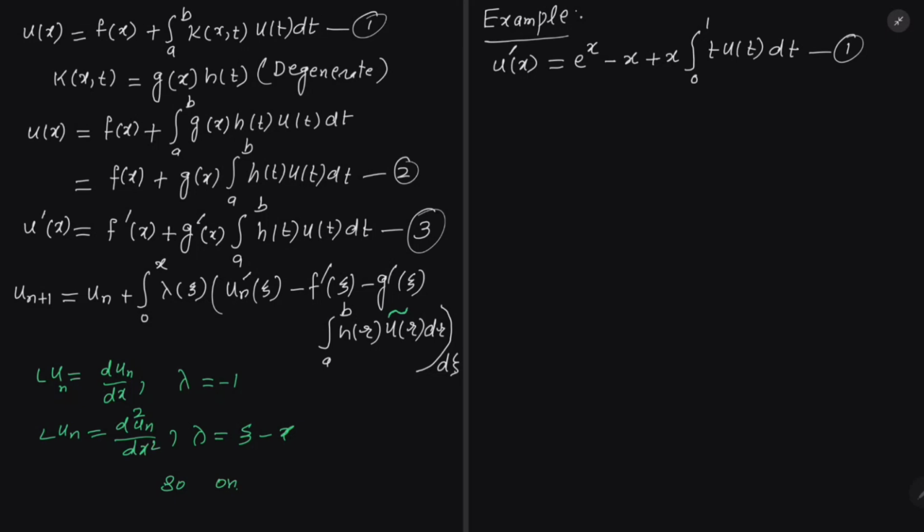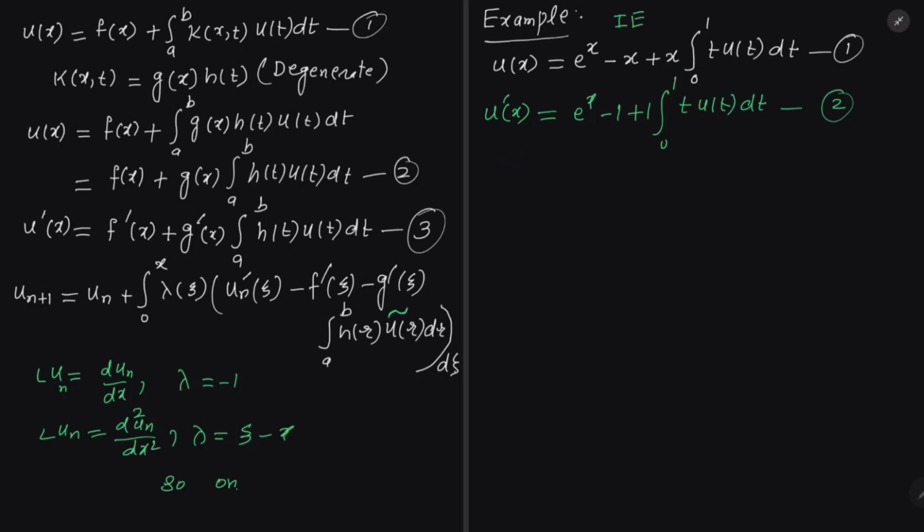I'm sorry, this is not a first order integro-differential equation; this is an integral equation. We differentiate both sides. We get u dash x is equal to e raised to power x minus 1 plus the integral from 0 to 1 of t u of t dt, which is equation number 2.